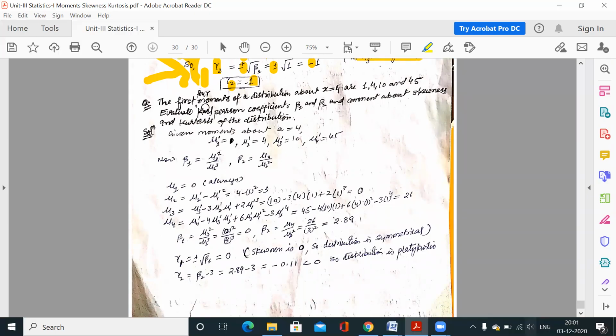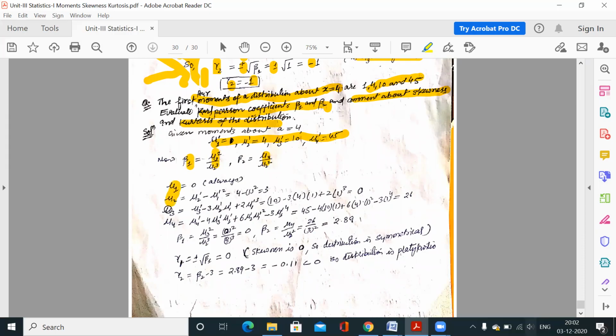This is the same question, I think. The first 4 moments of a distribution about the point 4 are these. So again we have the raw moments. Now evaluate the Karl Pearson coefficients beta 1, beta 2, and comment about the skewness and kurtosis of the distribution. So everything is now known to you. We have raw moments.